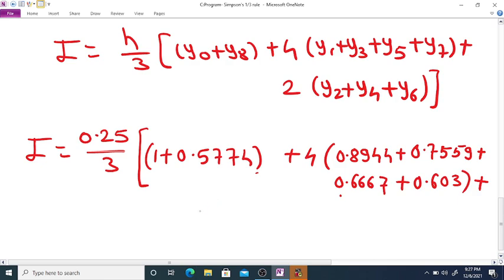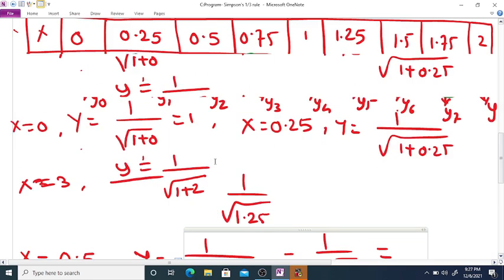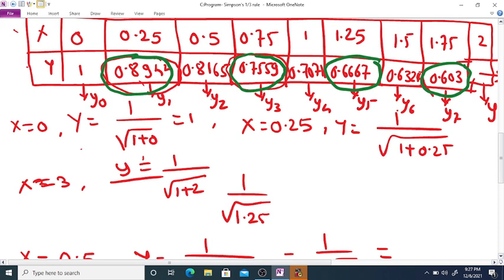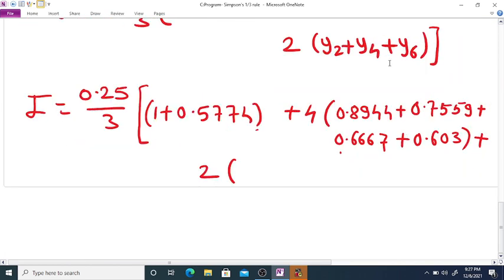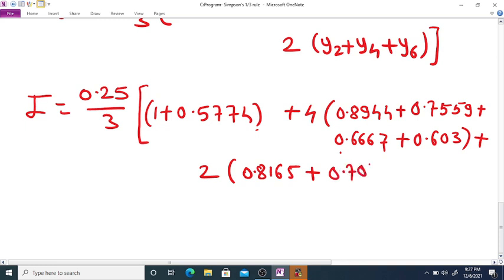plus now 2 times all even terms except y0 and y8, so the starting and ending points. So this is y2, this is y4, this is y6. If we write this value here, we get 0.8165 plus 0.7071 plus 0.6325, bracket completed.